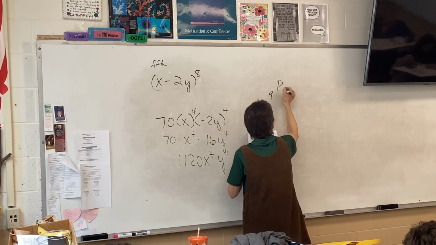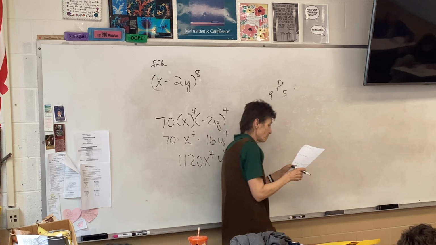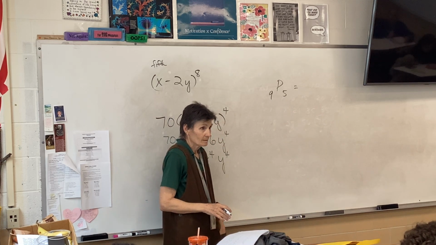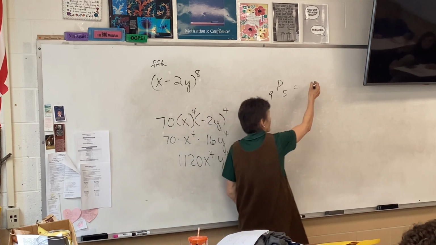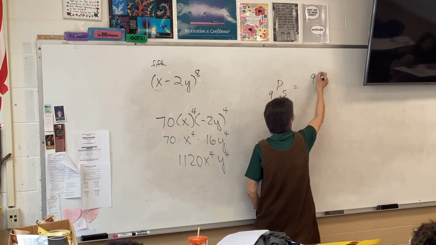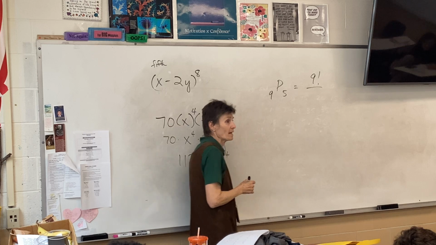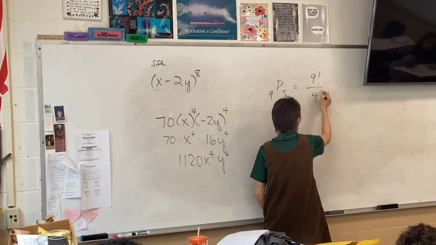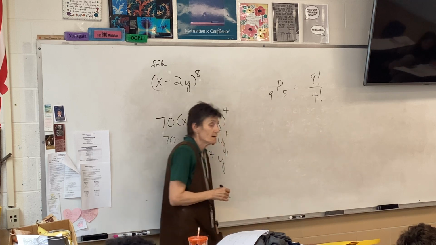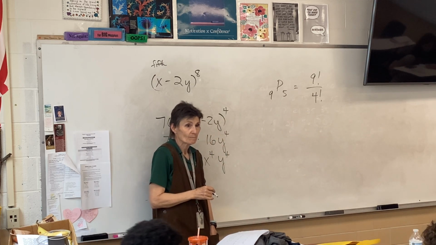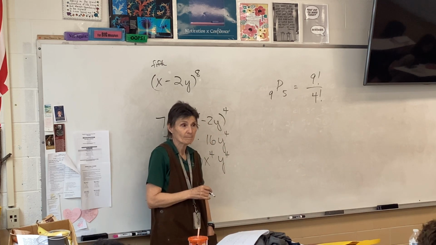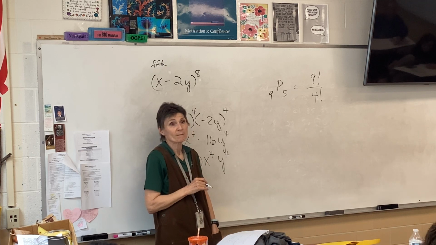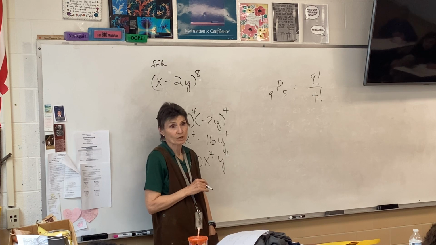All right, 9P5. Now this is a P. How does it start? 9 factorial. We start the same way, with that on top, over 4 factorial. Beautiful. Because in a P problem, guys, the only thing in the bottom is the subtraction, right?